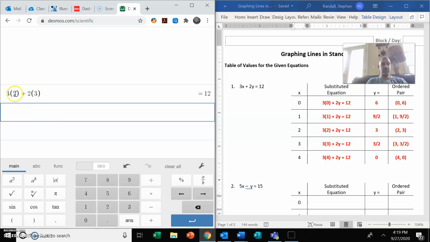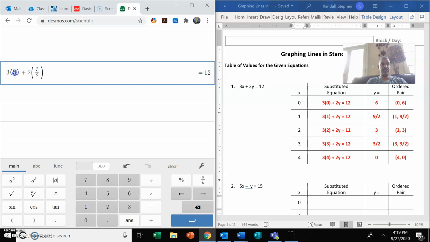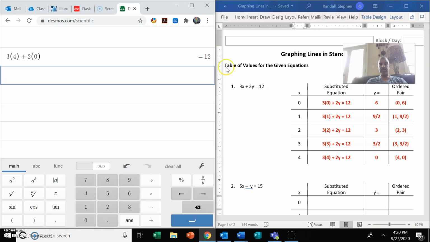If x is 3, y is 3 over 2, and it still equals 12. And finally, if x is 4 and y is 0, it still makes the equation true, so it is a solution.